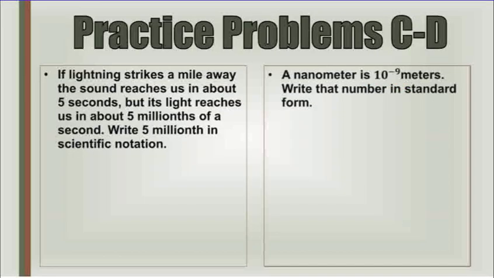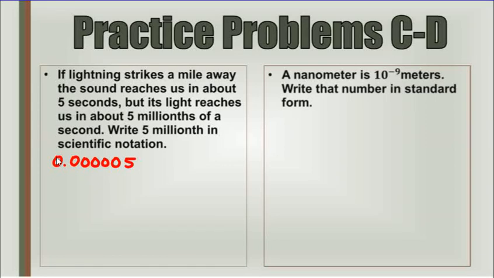And some final problems working with word problems. If lightning strikes a mile away, the sound reaches us in about 5 seconds, but its light reaches us in about 5 millionths of a second. Write 5 millionth in scientific notation. So let's write this as a decimal first. So we've got 0, tenths, hundredths, thousandths, 10,000ths, 100,000ths, millionths.